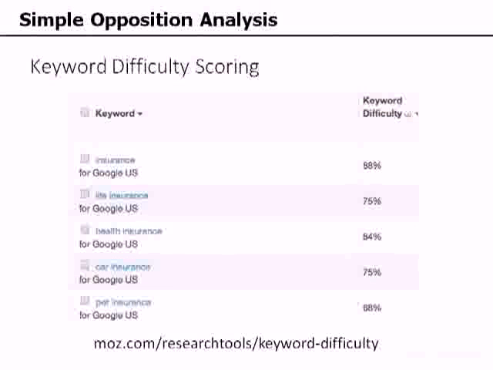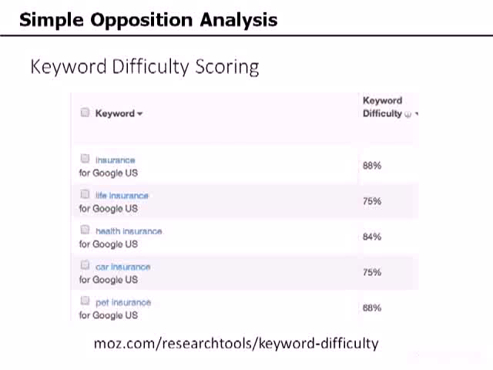So we can start to do some very simple opposition analysis of the search results with the Moz keyword difficulty tool. And this is just going to give us one simple 1 to 100 percentage number of how difficult that search result is. And this starts giving us some quantitative information on just how difficult the opposition is in each of our individual keyword results.